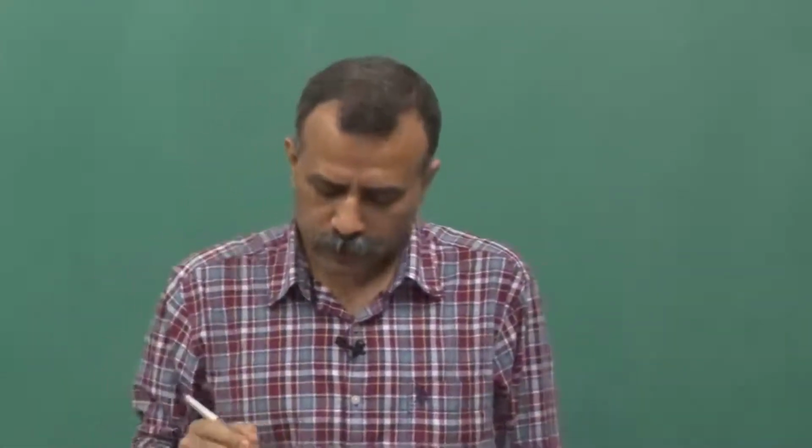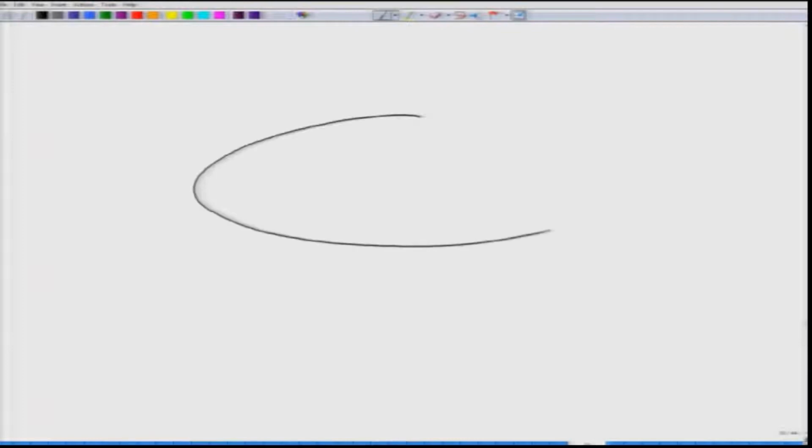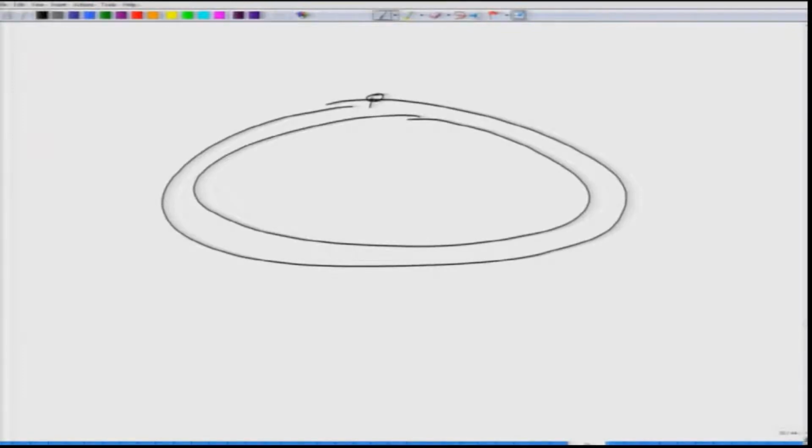Now, if you look at a cell, this is our cell. It has a membrane and this membrane is made up of nothing but lipids, a lipid bilayer. And within the lipid bilayer, you have a series of proteins which are sitting there.